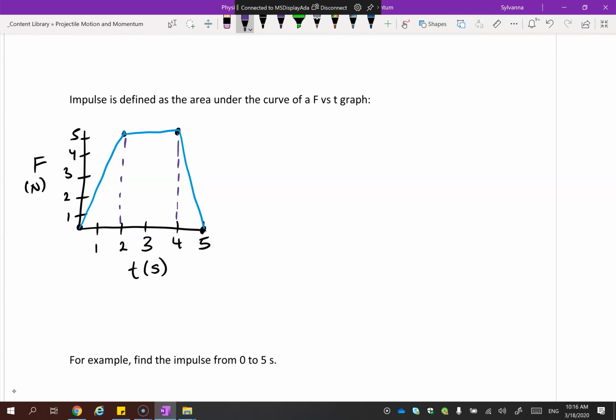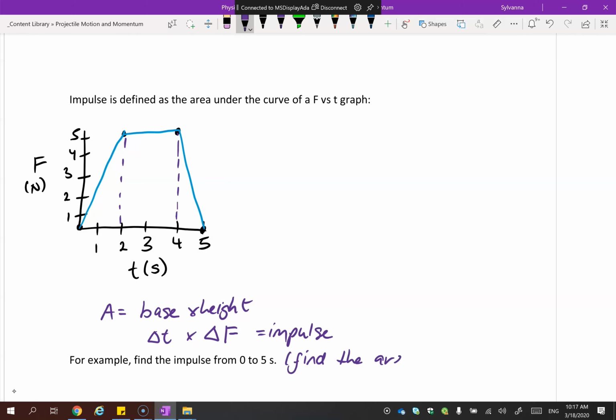And we're going to use the fact that area is base times height. Our base in this case is delta T. Our height in this case is our force, and this will give us the impulse. So we're going to find the three areas to find the impulse from 0 to 5 seconds given the graph.